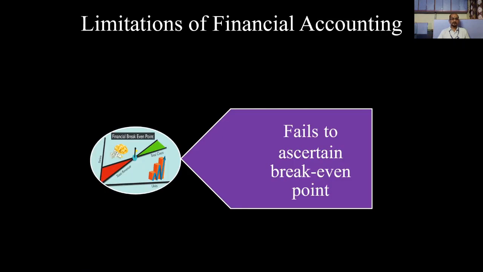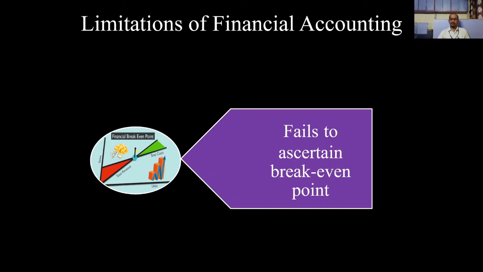And last point, it fails to ascertain the break even point. If you see in the figure I have put, there is one point in the middle in blue color, that is the break even point. The red shaded portion is the part of loss, whereas the green portion shows the profit position of the organization.